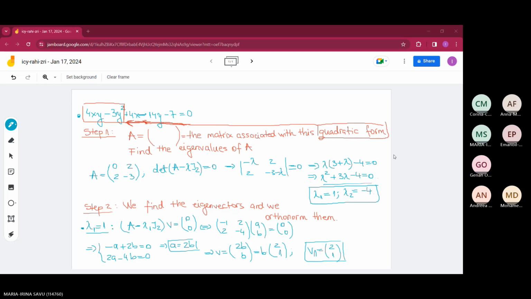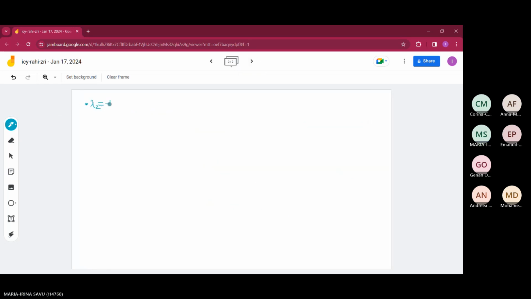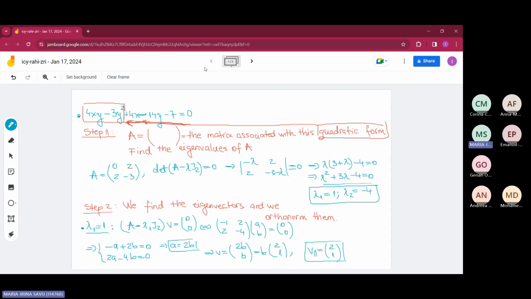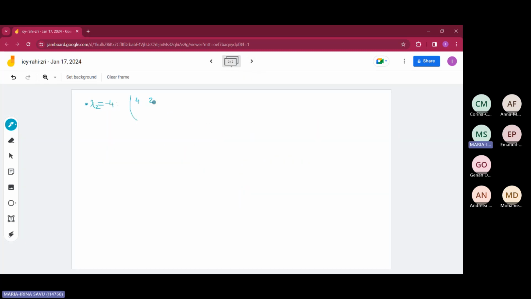Yes, (1, minus 2). Let's see. We have 4, 2, and 1, 2, 1 times (a, b) is 0, 0. So V2 is this one.